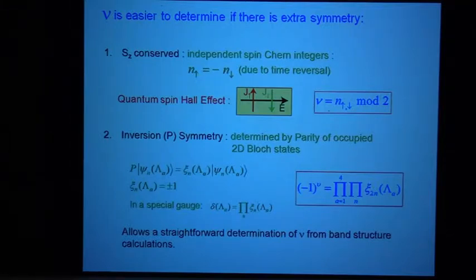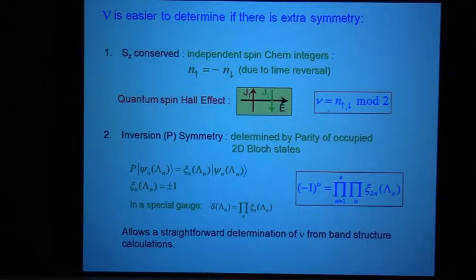So there's another symmetry which actually turned out to be quite useful that one can think about, which is to think about a system that has inversion symmetry. And then it turns out that one can figure out the Z2 invariant just by thinking about the parity of all of the occupied Bloch states at the different parity invariant points. So in a 2-dimensional band structure, there are 4 of these points where k and minus k are the same point.